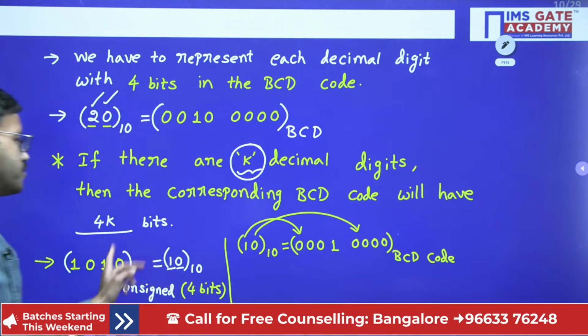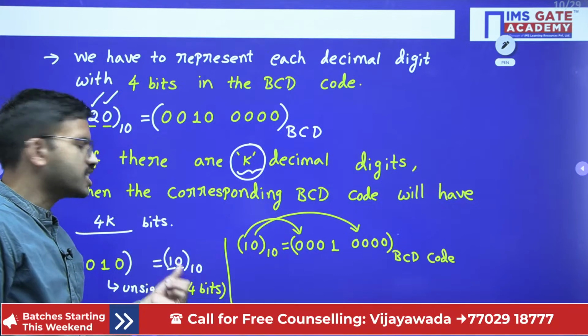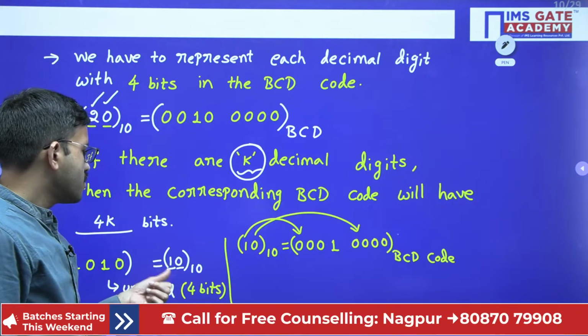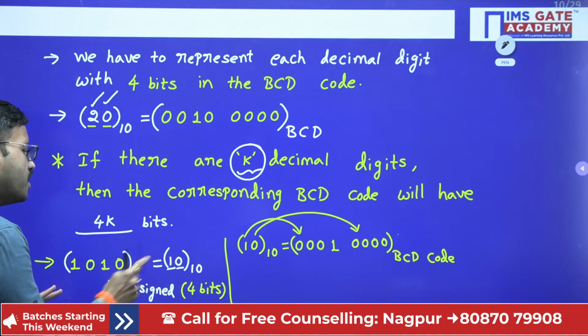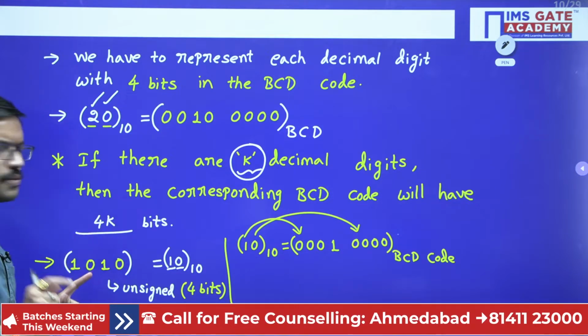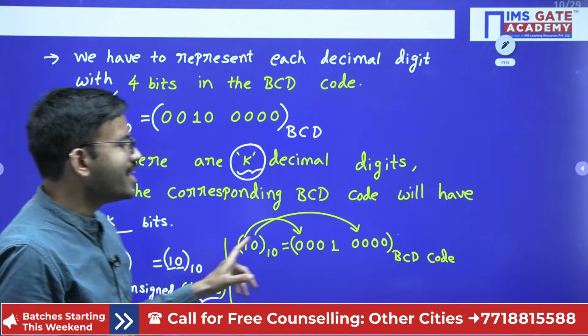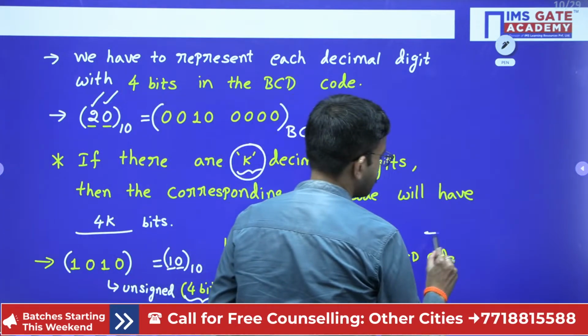Now if you observe here, 10 is a 2-digit decimal number. When we are able to represent this number as an ordinary unsigned binary number with 4 bits, why unnecessarily do we require 8 bits?